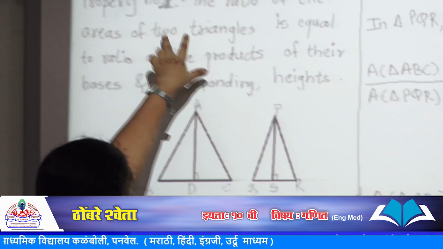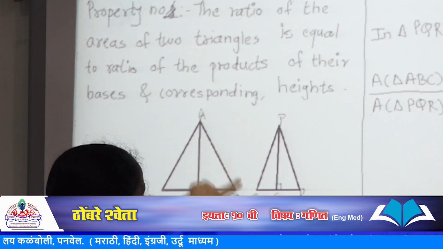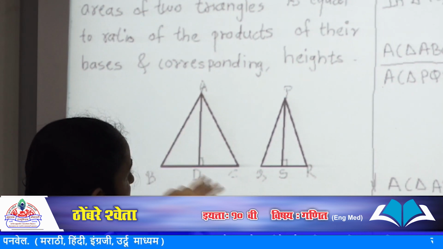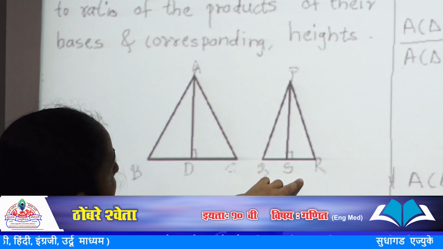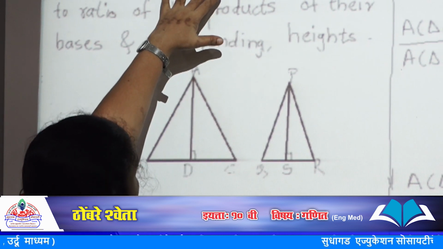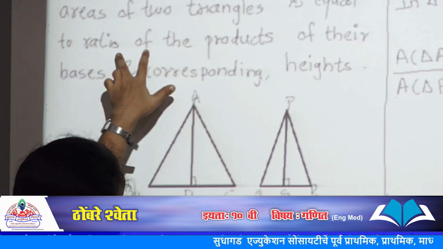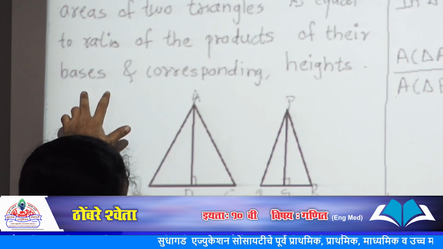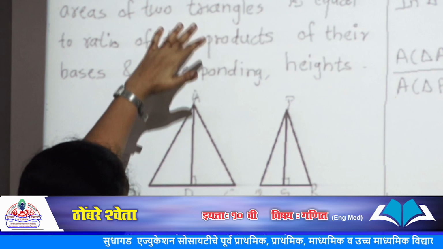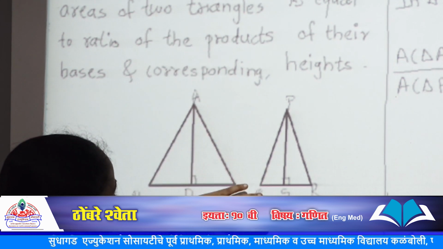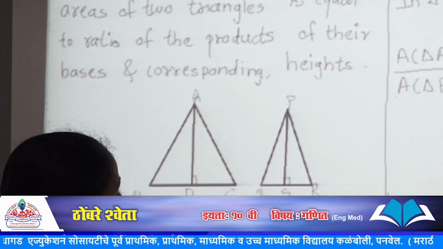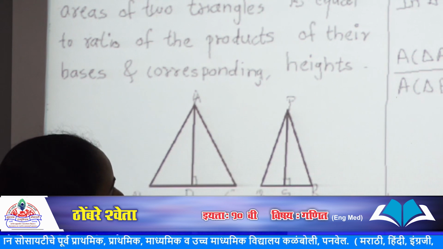Here they have given us two triangles. First is ABC, another is PQR. This property we will use when both the triangles have different base and different height.